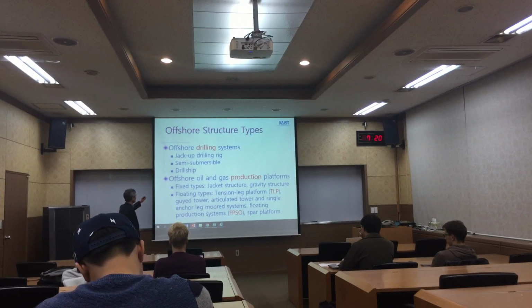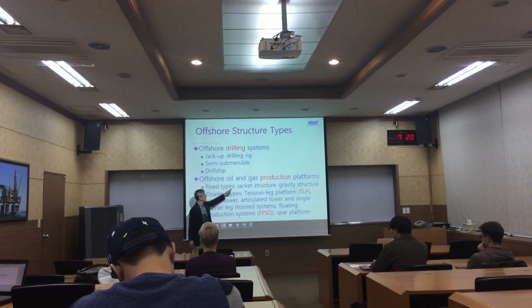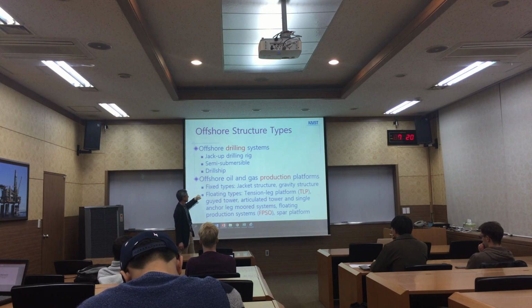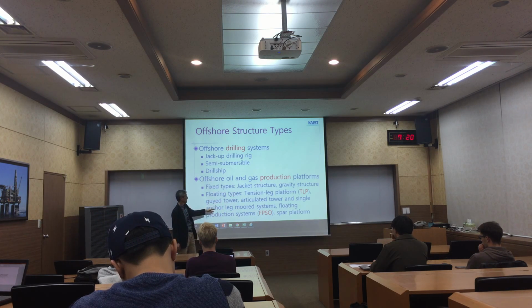And also, again, for production, there is also jack-up type too. And gravity structure is a little bit different, but the basic idea is the same. And floating types, there is semi-submersible, ship type is also used, but there are different types like TLP and guide tower, and single anchor leg mooring system, and FPSO.